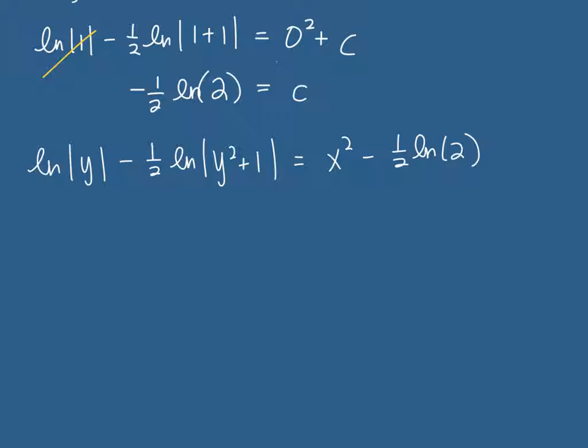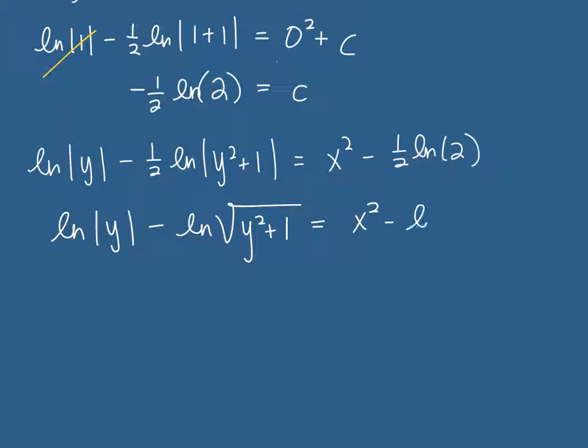Can you combine those two natural logs, the ones on the y side? You could. What would you have to move first? You'd have to move the half first. What would the half become? Do I need absolute value around y squared plus 1? Why not? Okay, so I can have the natural log of the absolute value of y minus the natural log of the square root of y squared plus 1.